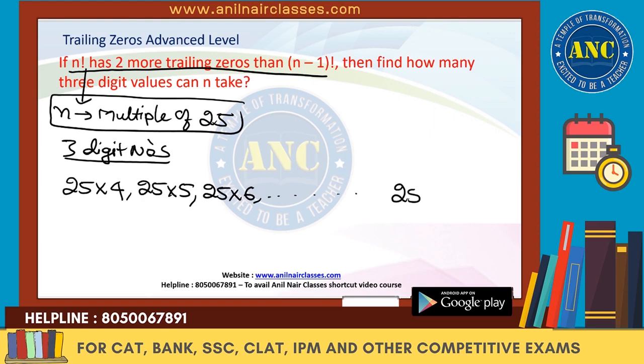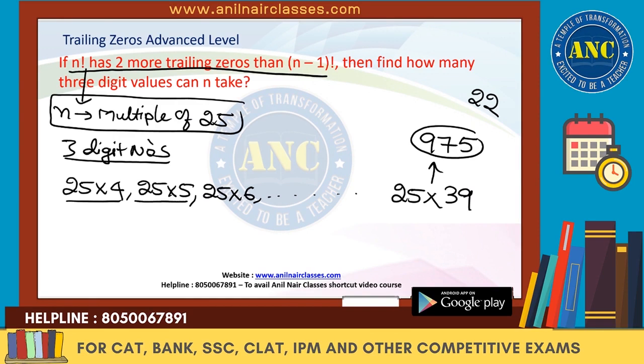And so on up to 1000 divided by 25 is 40, so which is 25 into 39, which is 975. I cannot take 1000 because it's not a 3-digit number.